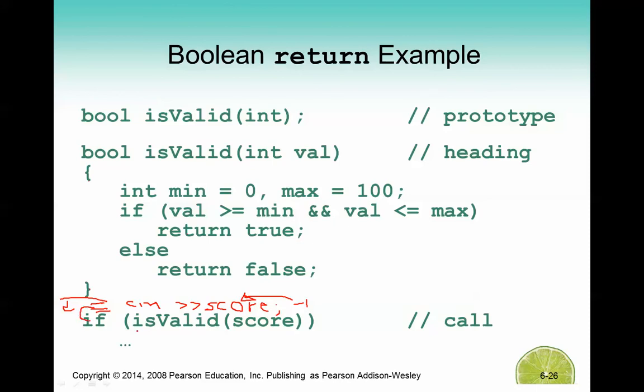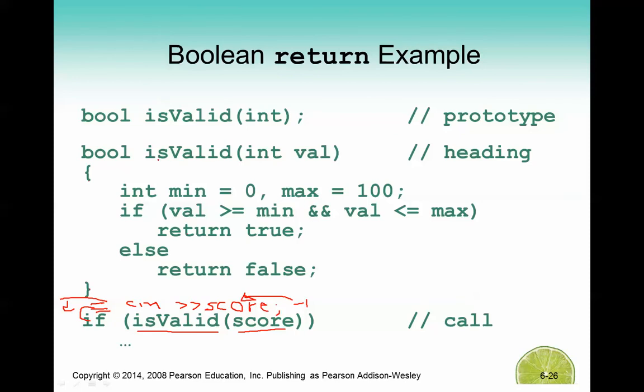Okay. So now we have if, the next line that we have here is this one. If function is valid and send score. Again, we're calling this function and we're sending what value we have in score. What value do we have in score? A -1. So we're calling the function is valid and we're sending a copy of this value. So where is valid?